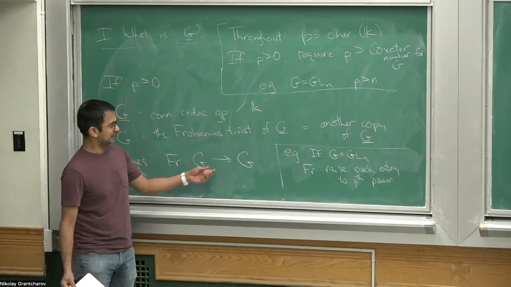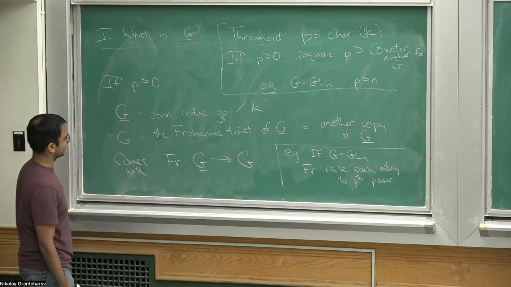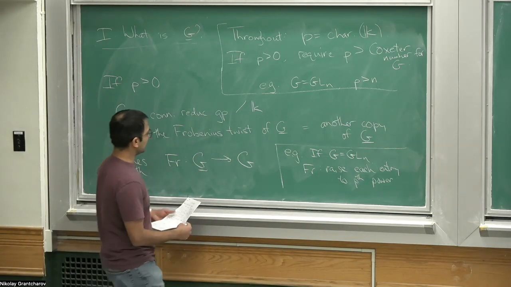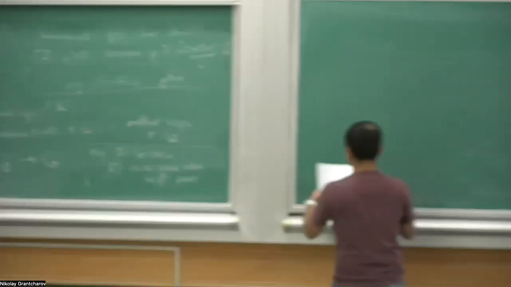Okay, so this is a group homomorphism because we're in characteristic P, and it comes with some other stuff.